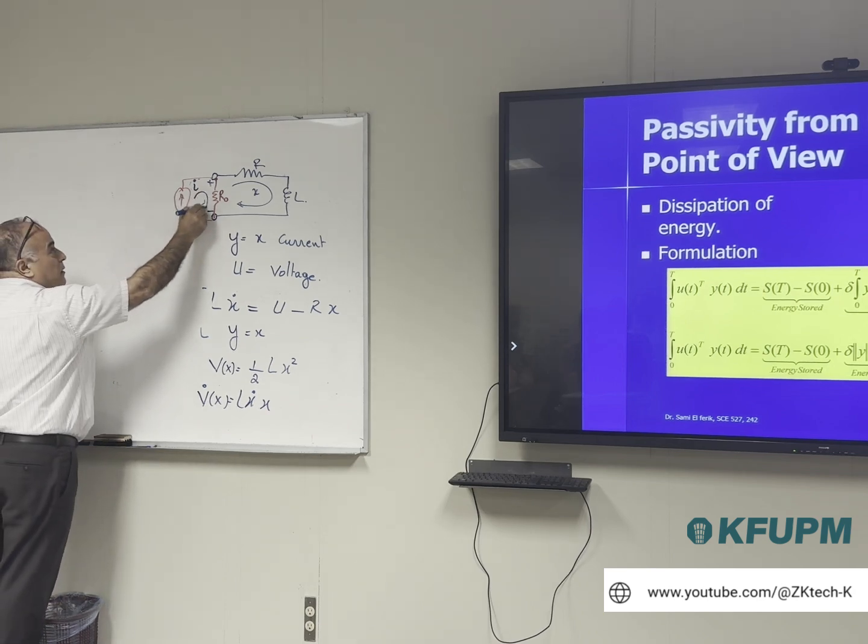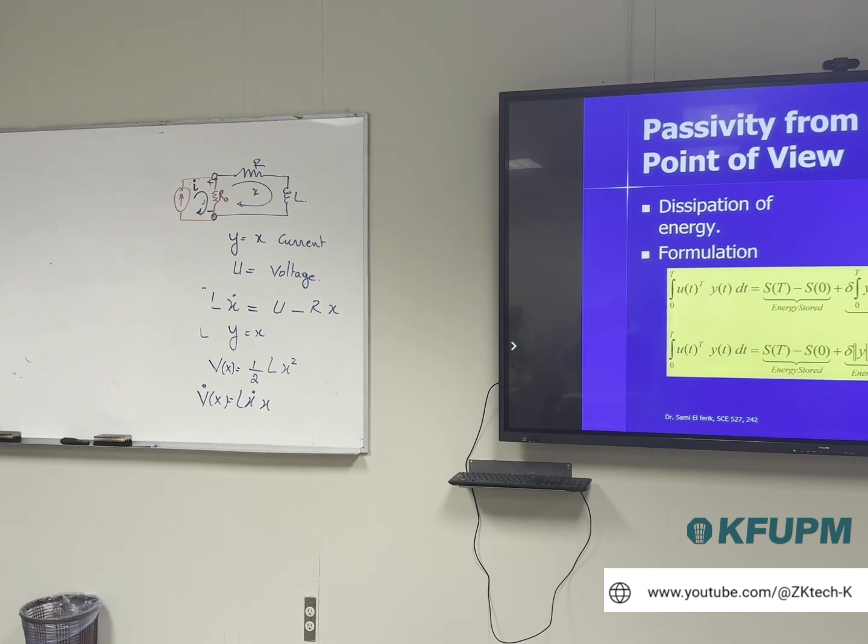The current is the current that circulates here in this loop. So rather than having U, I will have R0 multiplied by I. So we have here R0 multiplied by I minus R multiplied by X, and this will be equal to L dX/dt. Is it correct what I'm putting here?